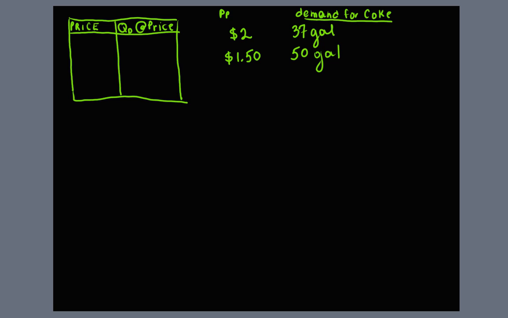Now, what we need to get to the market demand curve is exactly the piece of information that tells us what the population is, the US population. So they tell us the population is 294 million.